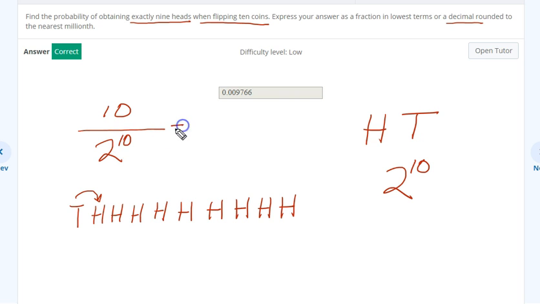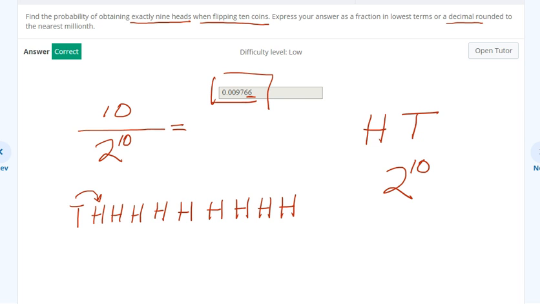Now, if you put that into your calculator, you get this, but it's rounded off to the millionth place because this is actually a 5 and this is a 6 or something over here, and it gets rounded off. Now, if you put this in there, they're going to count it wrong because you didn't simplify. So what would be the fraction?